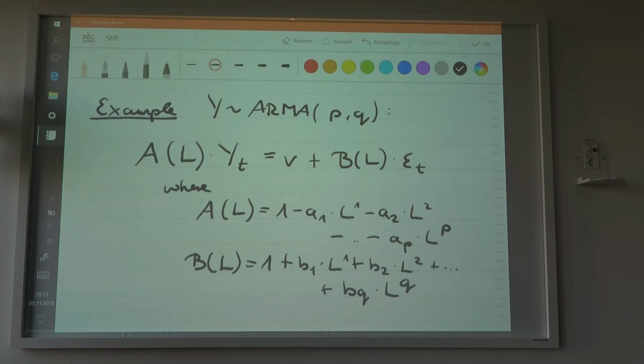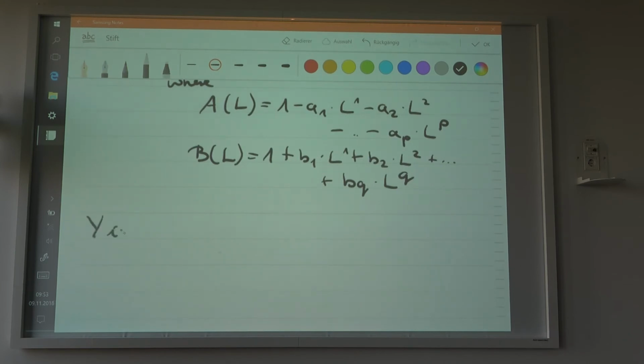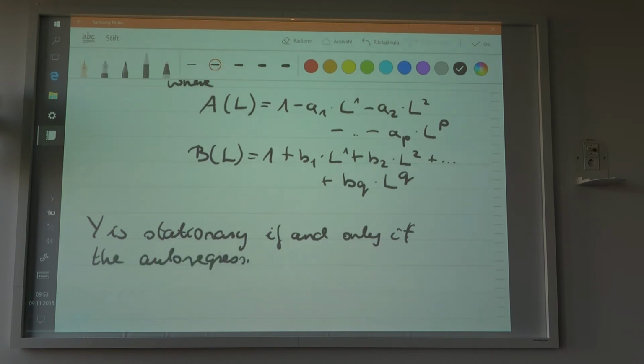So the ARMA process is stationary if and only if the autoregressive part is stationary, obviously.